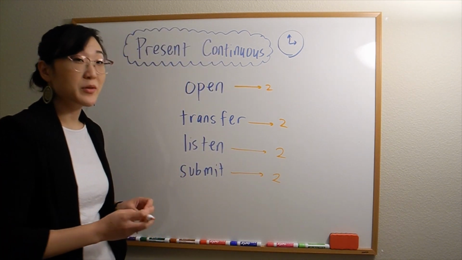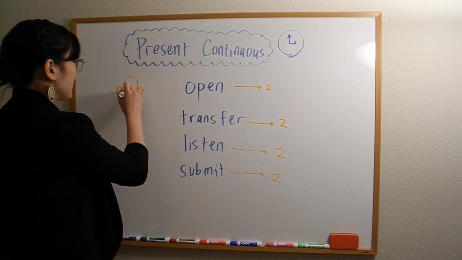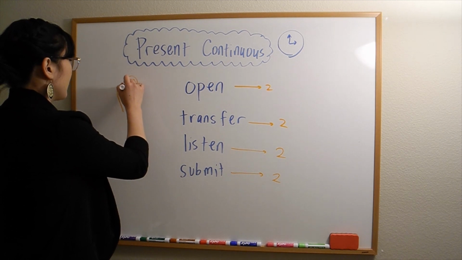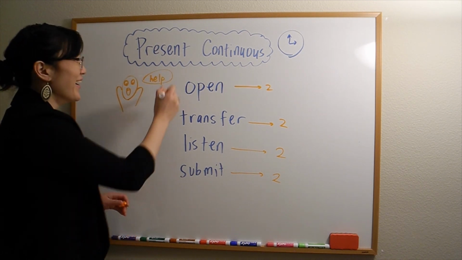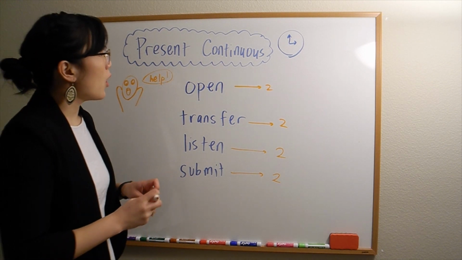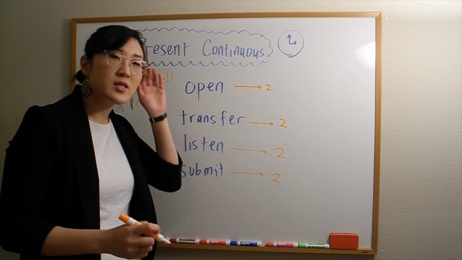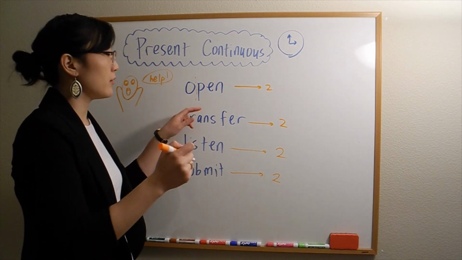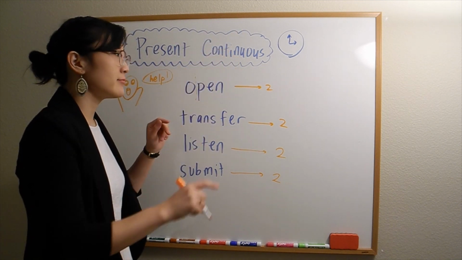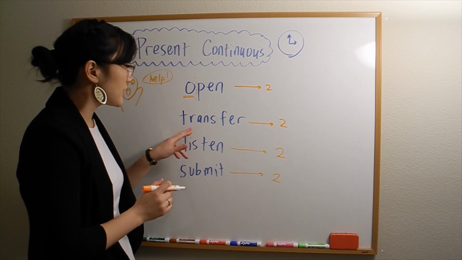Okay, this is when the rule gets a little bit more difficult, right? Now open has 2 syllables. Now where is the stress? Where is it stronger? Is it open or is it open? Open. Okay. What about this one?